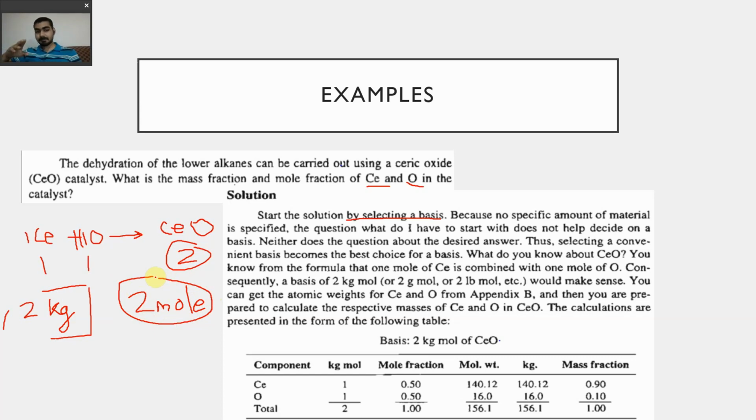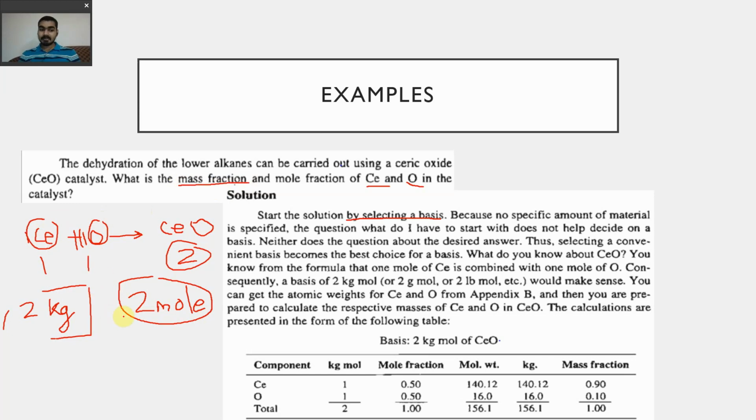Think about it. Done? Alright. So let me tell you, the easiest thing is mass fraction, because you will be knowing the mass of cerium and mass of oxygen. Both you will be knowing. So mass fraction can be calculated easily.